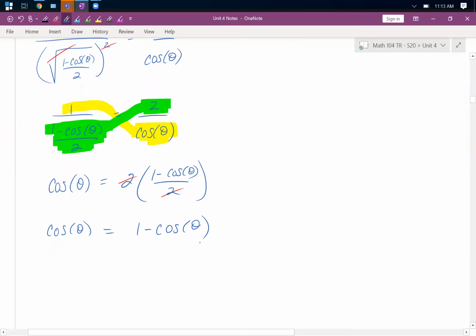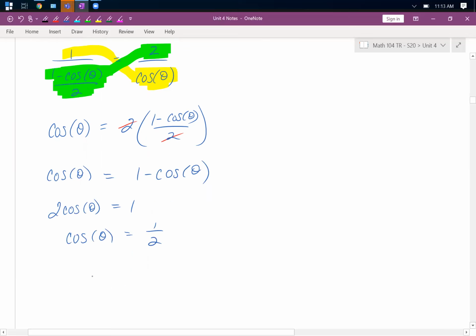And now we want to solve for theta. It's linear, so let's get all our cosines together. We'll isolate that cosine. And then we'll use inverse cosine to find our theta. Theta is going to be cosine inverse of 1/2.